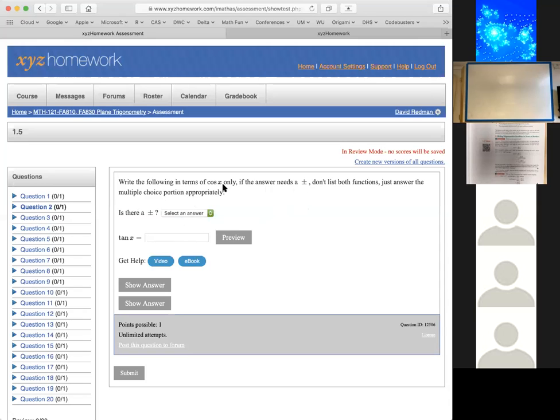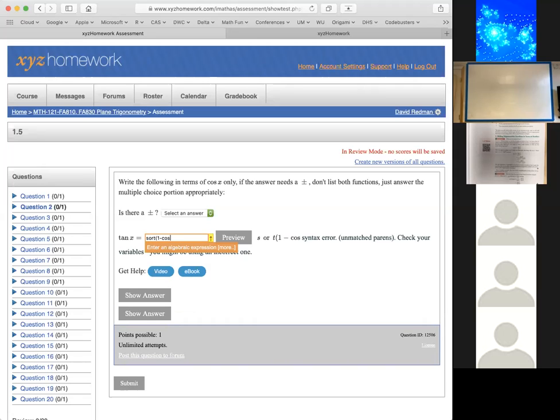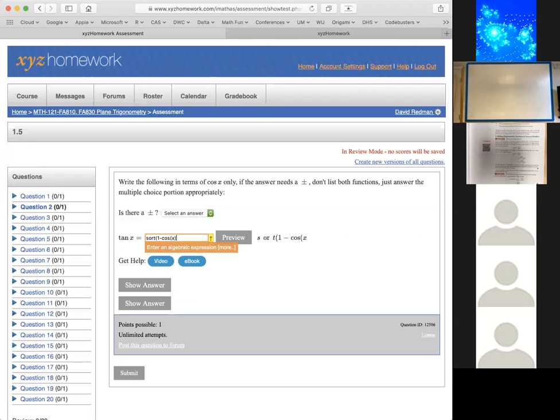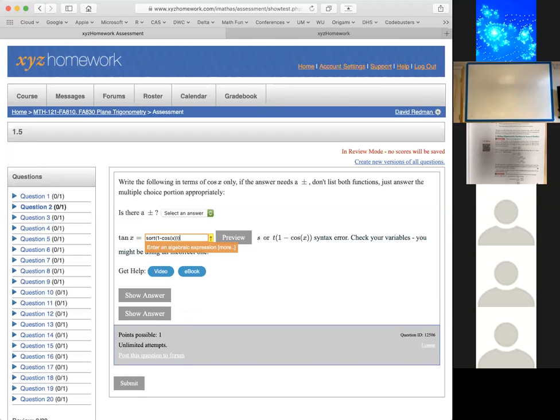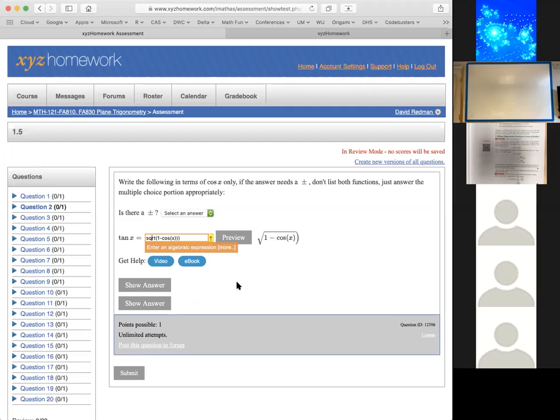So in terms of cosine, if I repeated that thing in terms of cosine, I would say square root of 1 minus cosine x, and I'll put that in the square root, and that gets rid of that syntax error, and I misspelled square root. Let's try again. There we go.